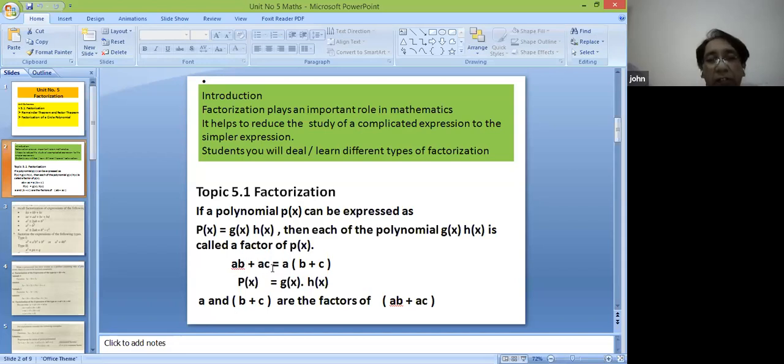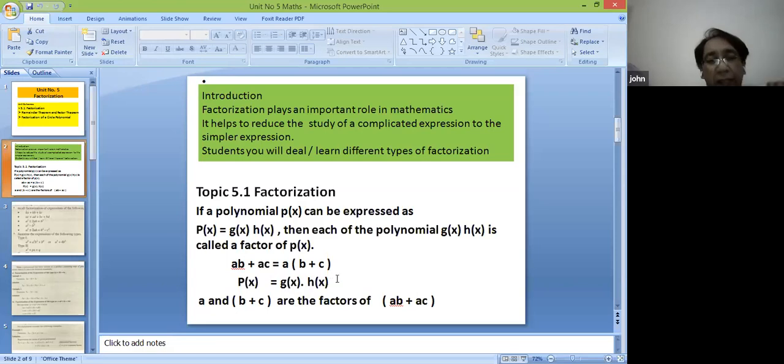So we take A as common, and the remaining is B plus C. Now here we have two factors. The first factor is A and the second factor is B plus C. So from this P of X, we have deduced A and B plus C. A is G of X and B plus C is H of X.